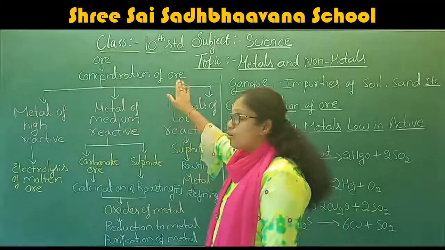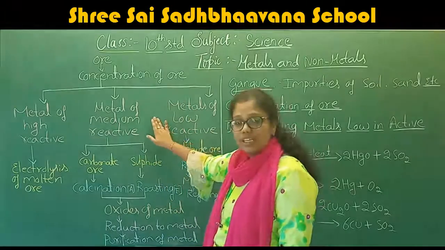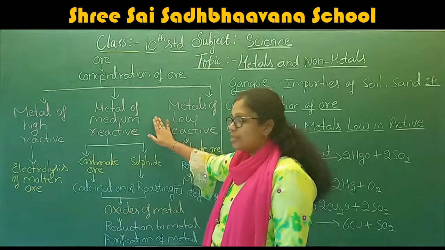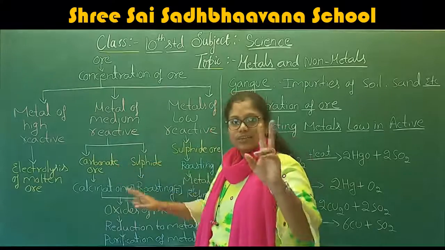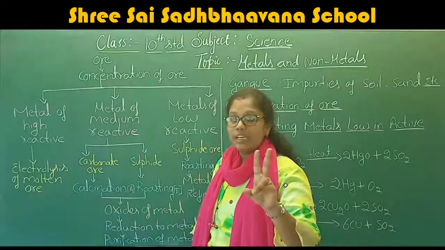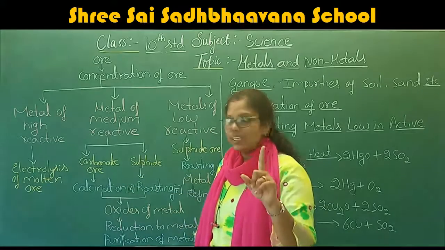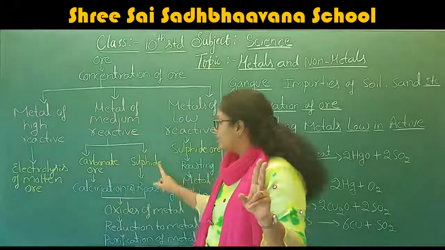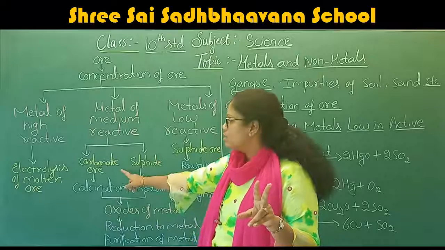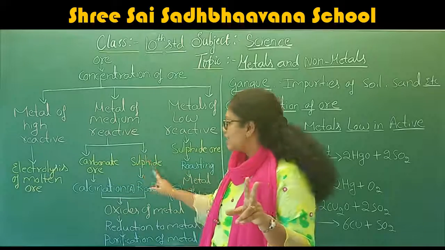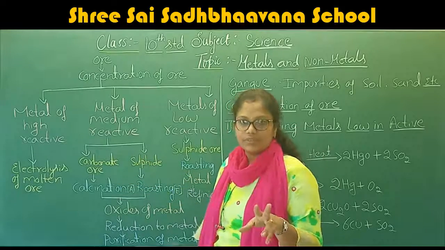If the metal in the ore is of medium reactivity, two types of ore will be there. The first one is the carbonate ore and the second one is the sulfide ore.